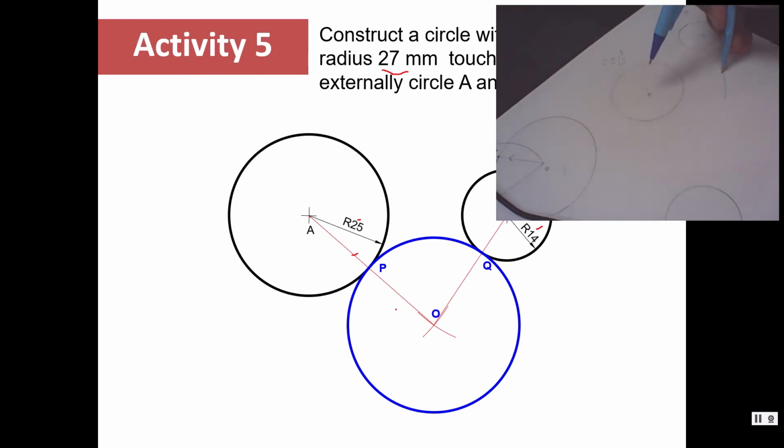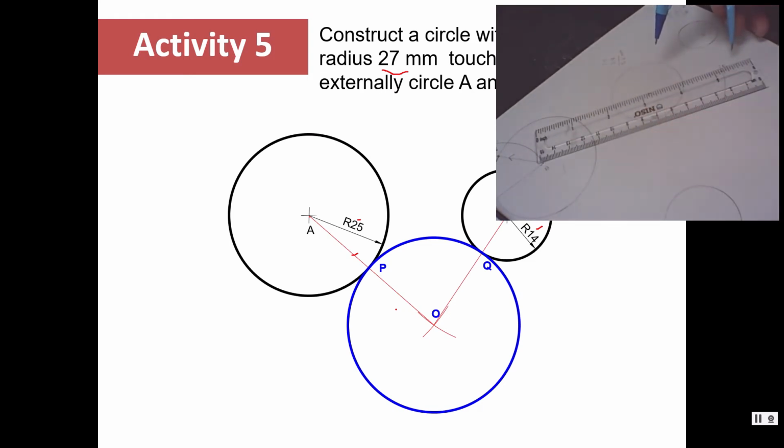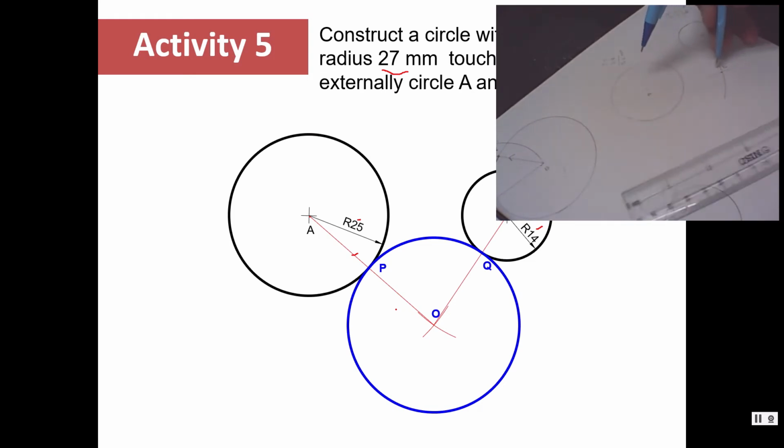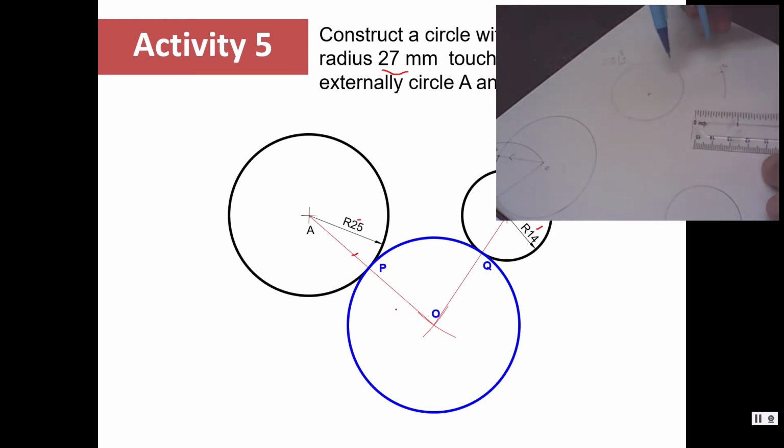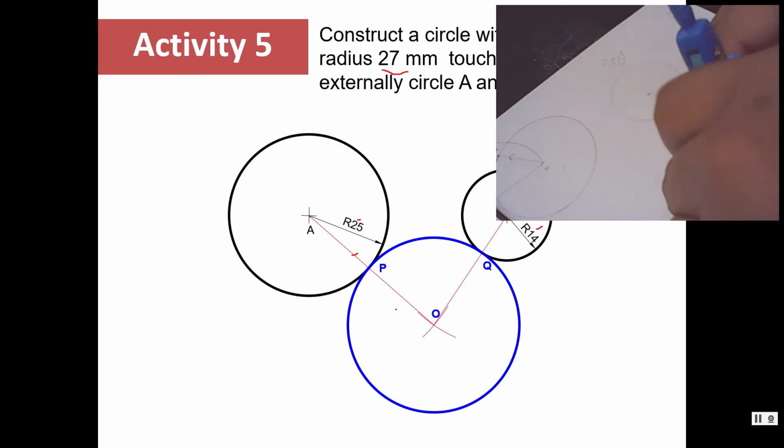So the circle, you can measure the radius of it, 27, and it should touch the circle that we already drew. Let me just measure it, 27. Okay, so this is 27.